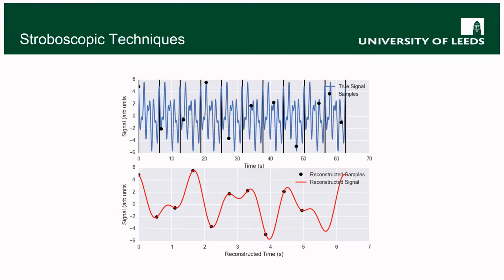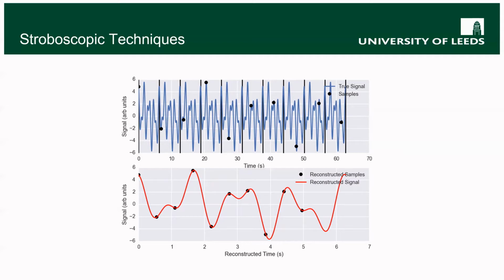So this is the sort of technique that works if you can repeat your measurement over and over and over again and be fairly confident that each time you repeat it, it's going to look the same. And then we're able to take a snapshot at a short time after the measurement is happening. And after that, it's just a process of reconstructing the signal from the original data set.